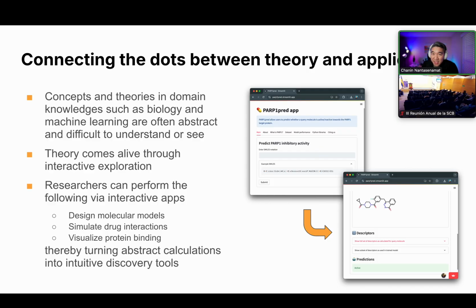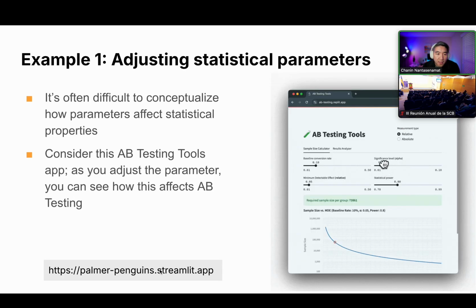They could visualize how mutations to specific regions of the protein would influence the binding. They could visualize how a library of compounds binds to a target protein or a family of target proteins. And so these could turn abstract ideas into more intuitive and more insightful discoveries.